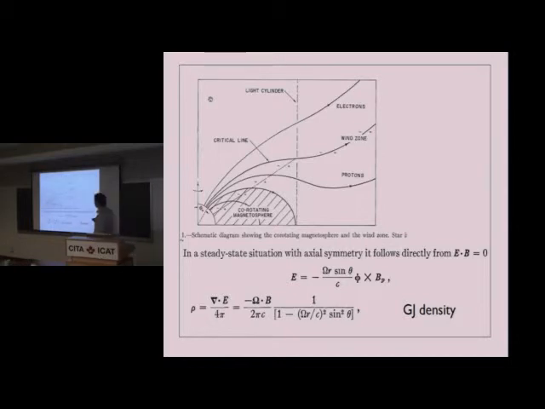So let me, since this picture will come again and again, let me carefully explain what it shows. This shows the so-called axisymmetric pulsar. This is radius, this is height. This little thing here is 1/4 of the neutron star. These things, usually people call them magnetic field lines, but let's not fool ourselves.